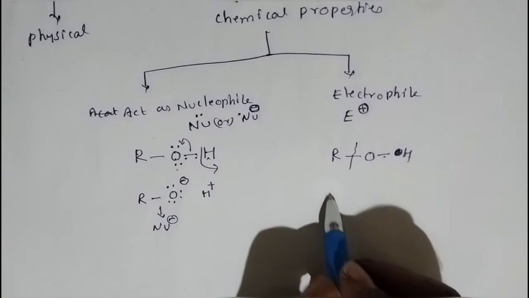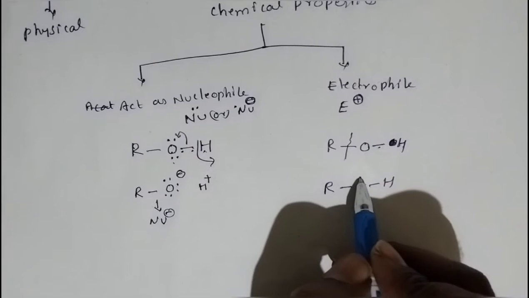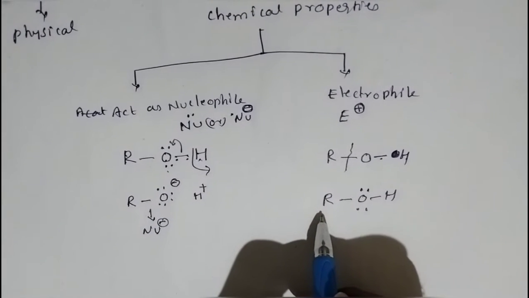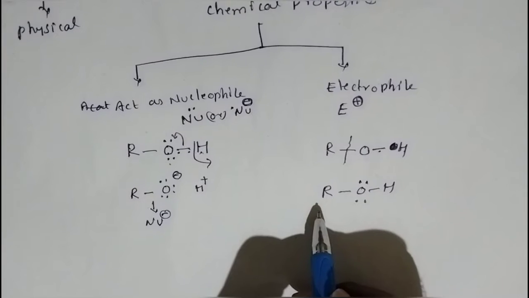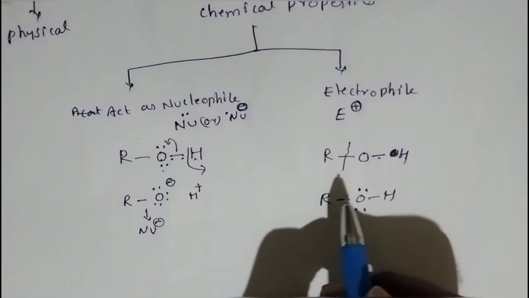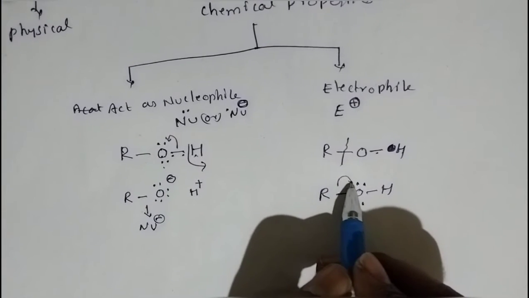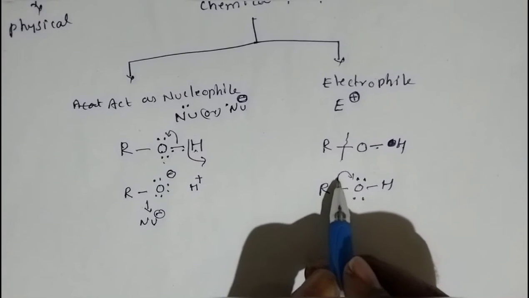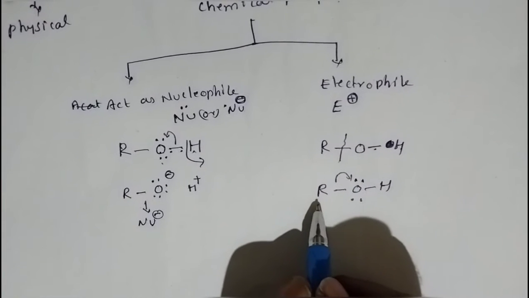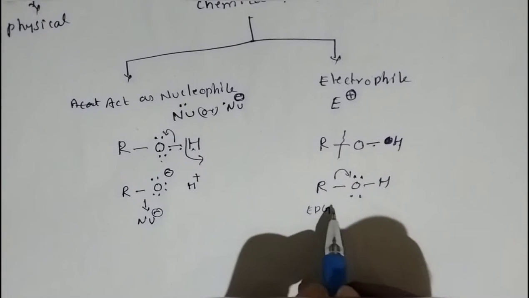Basically, in ROH, one lone pair of electrons is there, and R is nothing but an alkyl group. So what is the tendency of alkyl group? Alkyl group always donates electrons to the more electronegative element. Basically, the nature of alkyl group is an electron donating group.